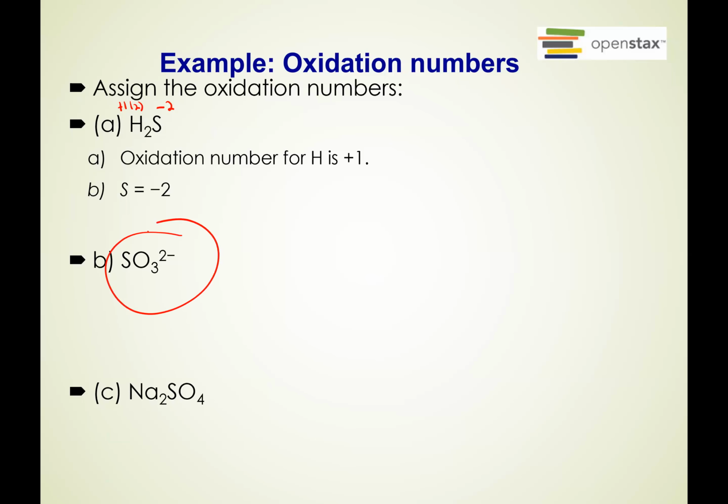So let's look at this next one. Okay, when we look at this one, SO3 2-. Again, there's no rules for sulfur, but what was the rule for oxygen? What is oxygen usually? Usually -2. Okay, so if oxygen is -2, and there's 3 oxygens, and the whole thing has to equal -2, what is sulfur's charge or oxidation state here?